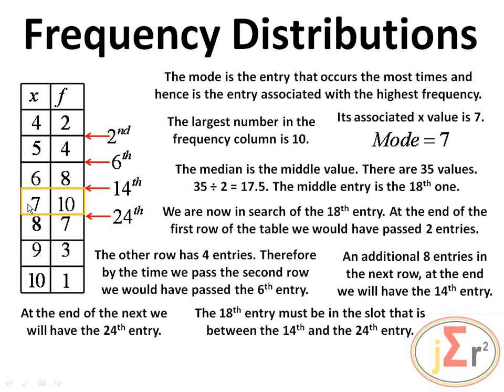If we have the 15th, the 16th, the 17th, all the way to the 24th here, we know that the 18th entry is in this slot, and all of the entries in this slot are equal to 7. Therefore, the median is the value of x that is inside of this row, and the median is equal to 7.